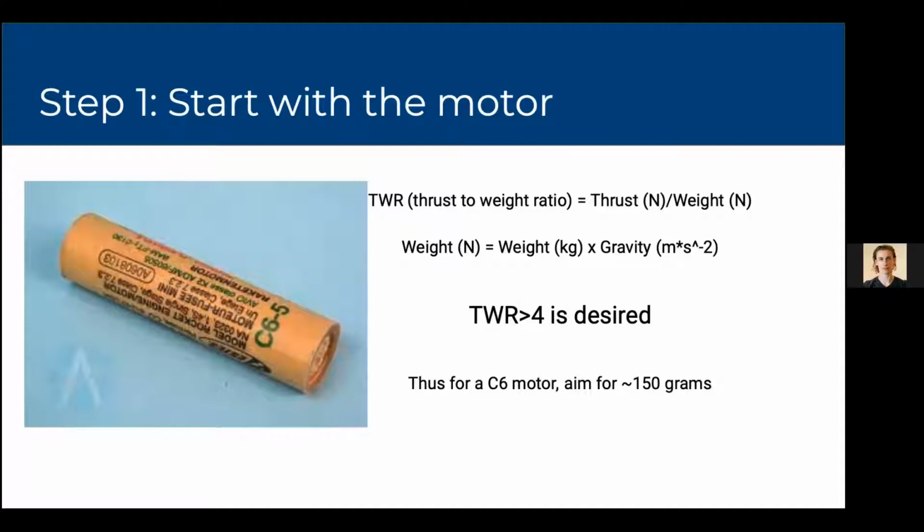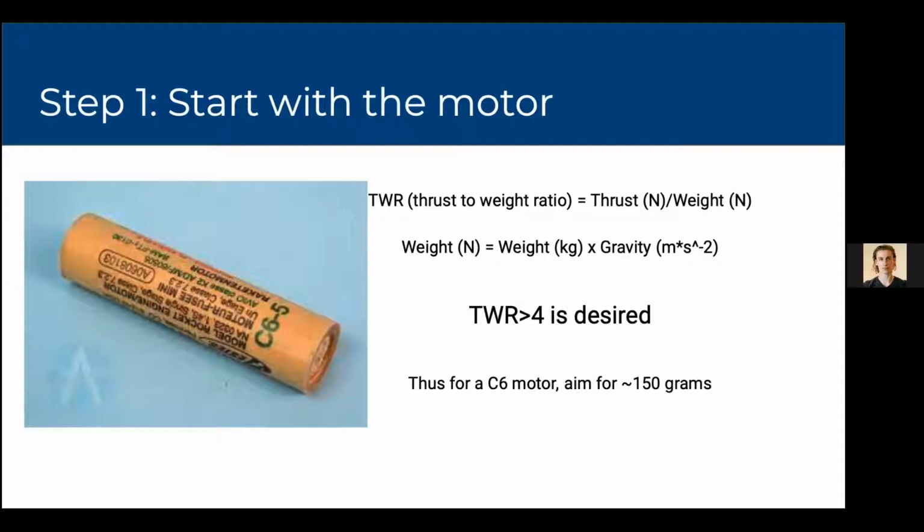So when you're getting a rough idea of how big your rocket should be, you look at the motors you have available and try to figure out how much weight this motor would actually be able to safely propel. We do that with a thrust to weight ratio, where we look at the thrust that the motor is providing and compare that to the weight of the rocket we want.